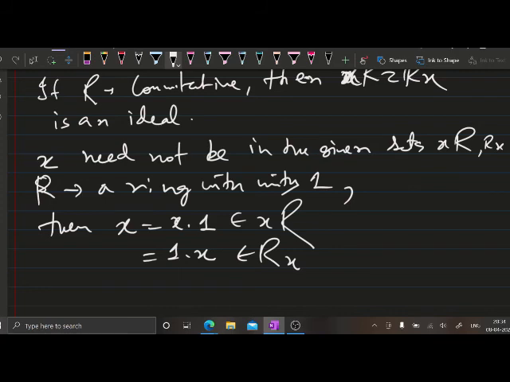So if you take a ring with unity 1, then x must be in xR and Rx both.